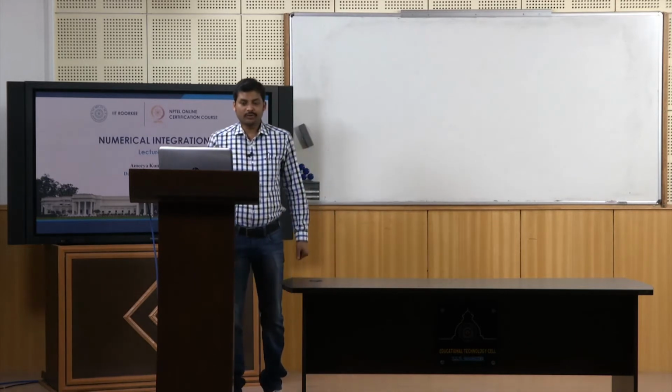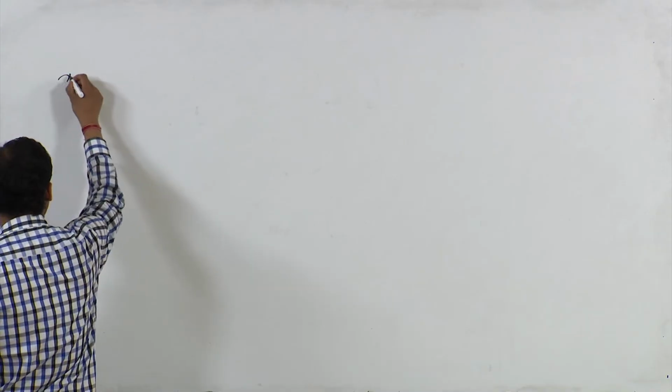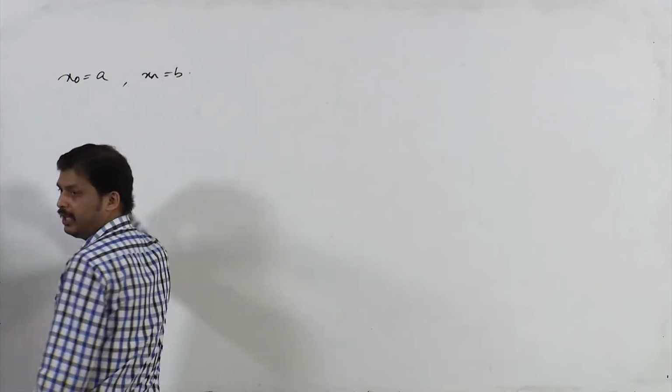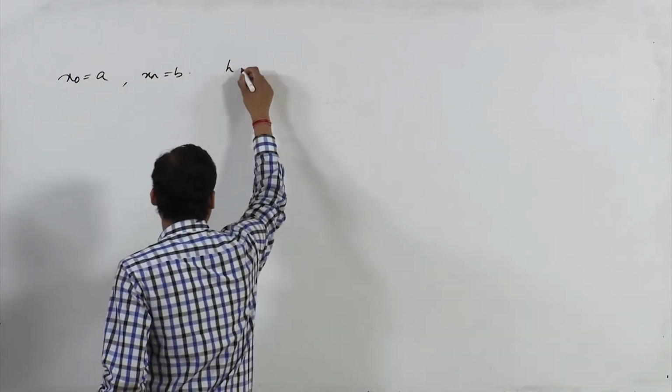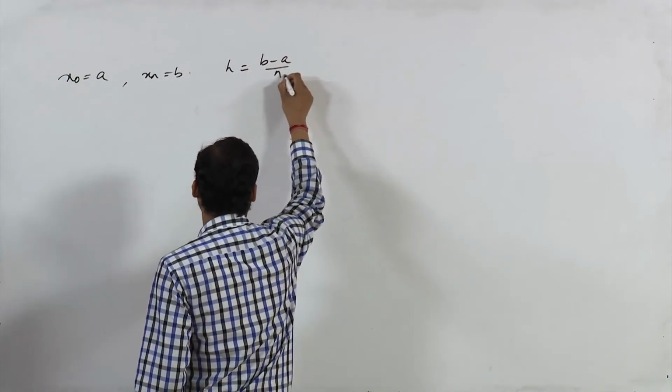So, if we go for this uniform mesh spacing for a prescribed data set of points, like x0 equals a and xn equals b, suppose, then we can define the step size h equals (b minus a) by n.